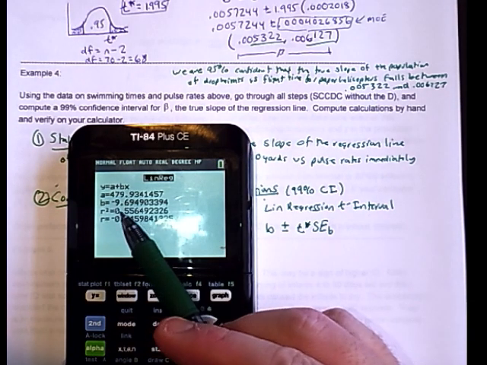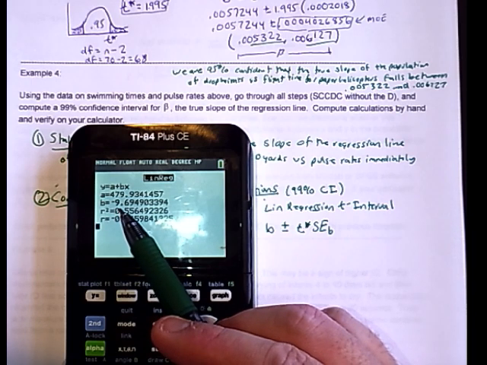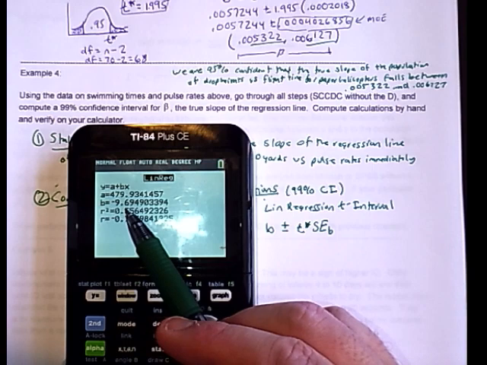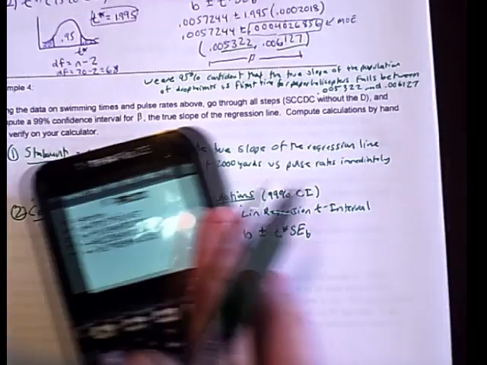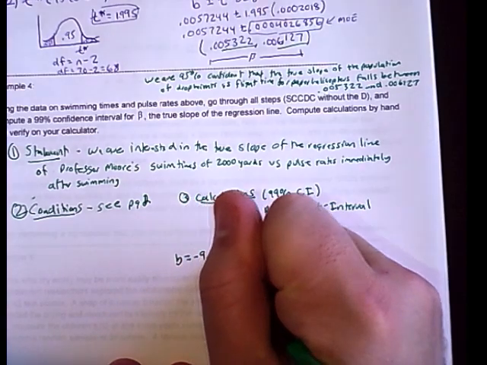Right here, this B value is the value of the sample slope, negative 9.6949. So B equals negative 9.6949.